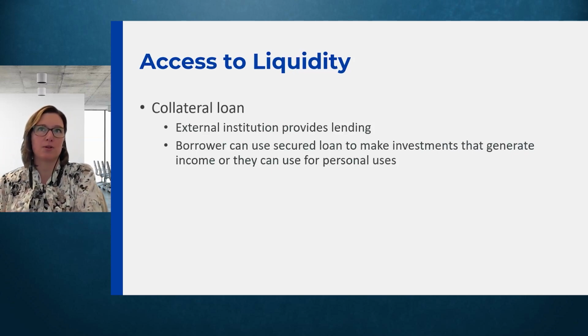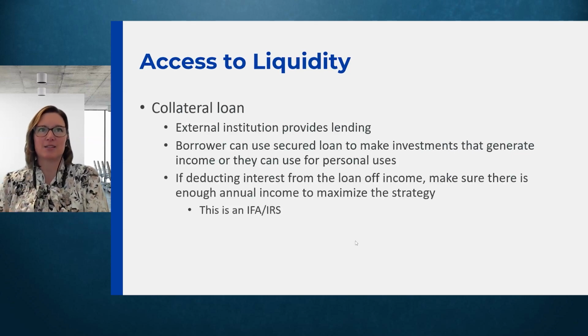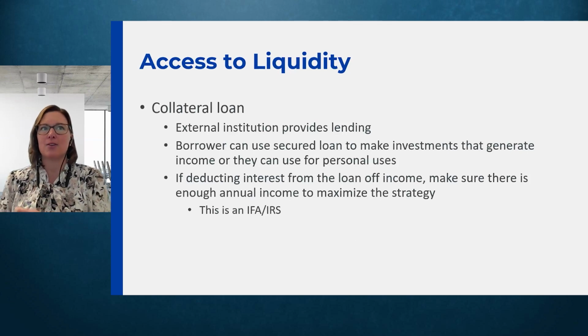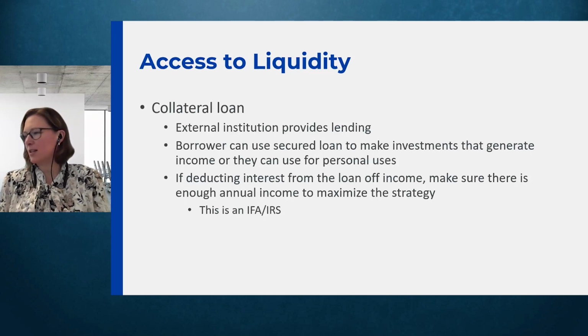Whether it's for personal or company use is another question, and there are pros and cons with that as well. The point here is that it is a value or an asset that is available. Anytime we're looking at lending against that value, typically we're looking at either an IFA or an IRS, which is IFA, immediate financing arrangement, IRS, insured retirement strategy.